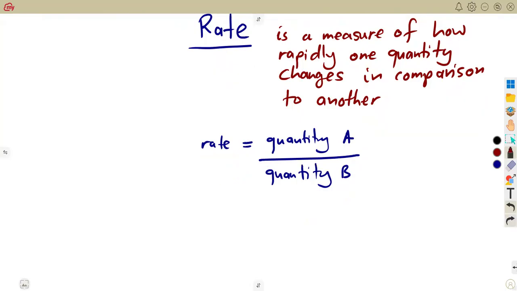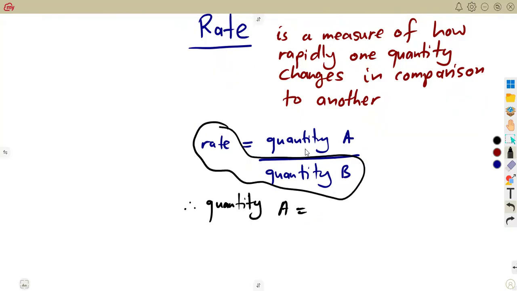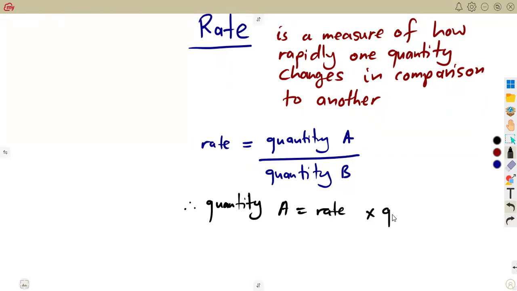Therefore, quantity A is equal to the rate times quantity B. It's just for the sake of revision. What if you want to calculate quantity B?